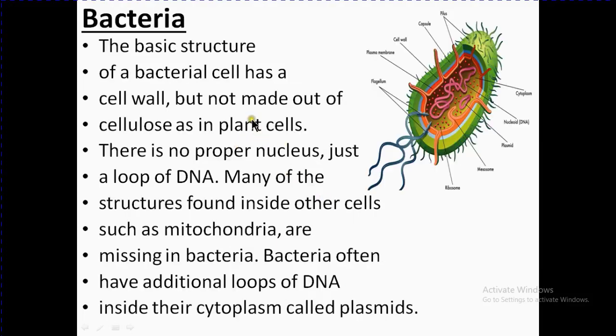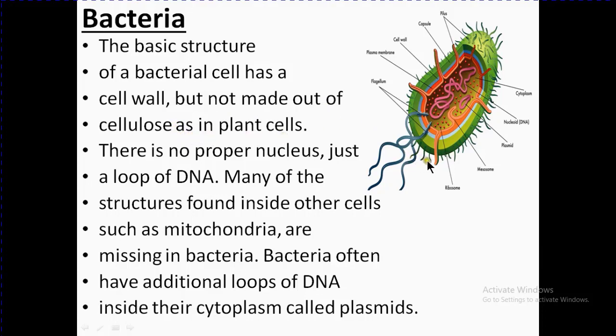Now let's study a little bit the structure of bacteria and see what is present inside a bacterium. The basic structure of a bacterial cell has a cell wall, but not made out of cellulose as in plant cells.